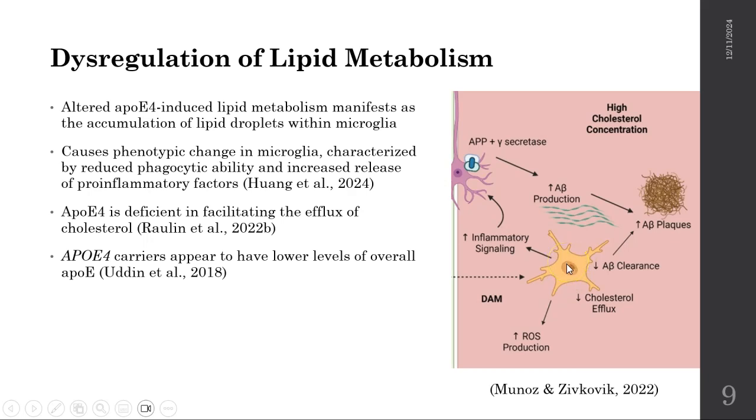Once these lipid droplets accumulate in microglia, this marks its transition into what's called a disease-associated microglia, which are characterized by increased inflammatory signaling and a decreased beta amyloid clearance ability.